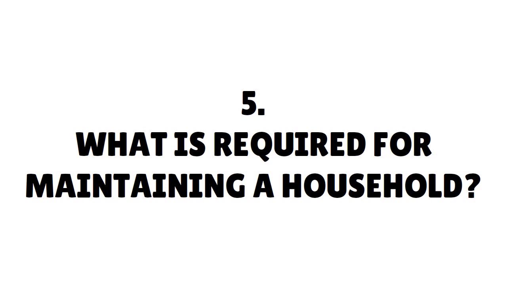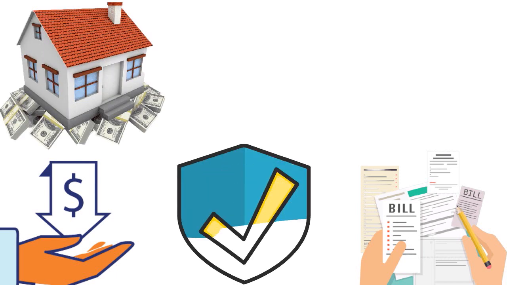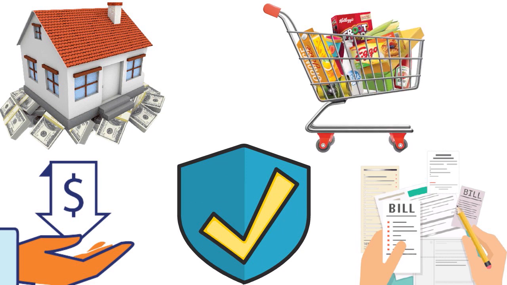Well, the first requirement for filing as head of household is that you must have paid for more than 50%. We already established that. This means that you must have paid more than half of the total household bills, including rent or mortgage, utility bills, insurance, property taxes, groceries, repairs, and other common household expenses.